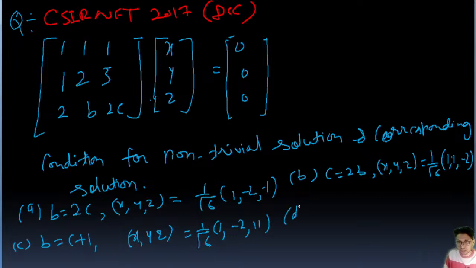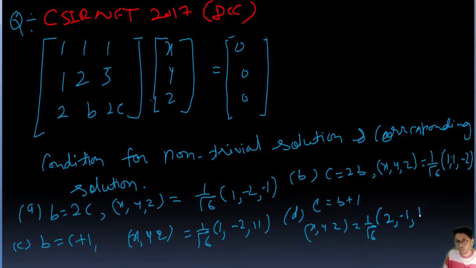And option D is C equal to B plus 1 and XYZ equal to 1 upon root 6, 2 comma minus 1 comma 1, okay.